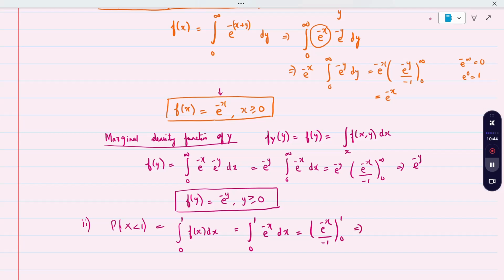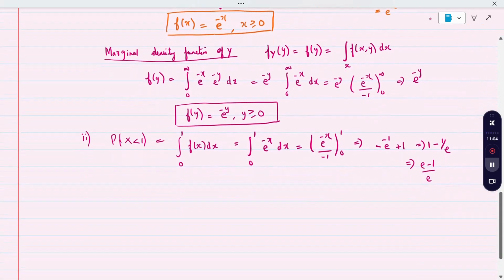Substitute the upper and lower limits. The upper limit gives minus e to the power minus 1, the lower limit gives minus minus plus 1. So the answer is 1 minus 1 by e, or take the LCM: e minus 1 divided by e. So the final answer, the probability that x is less than 1, is e minus 1 divided by e.